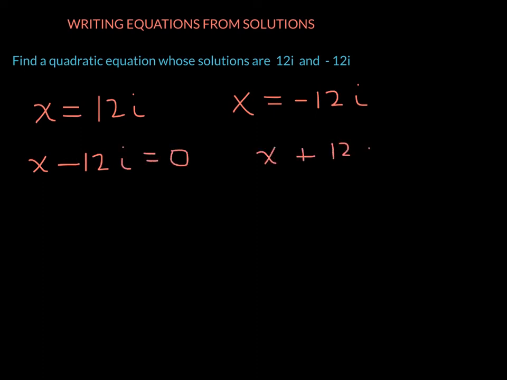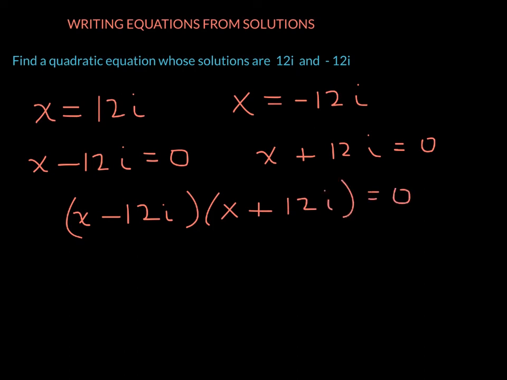All right, and then using the reversal of the principle of zero products gives us that x minus 12i times x plus 12i must be equal to 0, right? And we will distribute like we have been. x times x will be x squared. x times 12i will be 12xi. Negative 12i times x would be negative 12xi. And then negative 12i times positive 12i will be negative 144i squared. Let's write all that down.